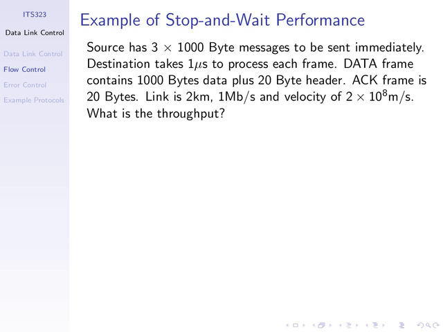So the first bit that we transmitted at time 0 arrives at B at time 10. Imagine both A and B have synchronized clocks. If they both start at the same time and the clocks are counting, then the transmitted bit is going to arrive 10 microseconds later at B.